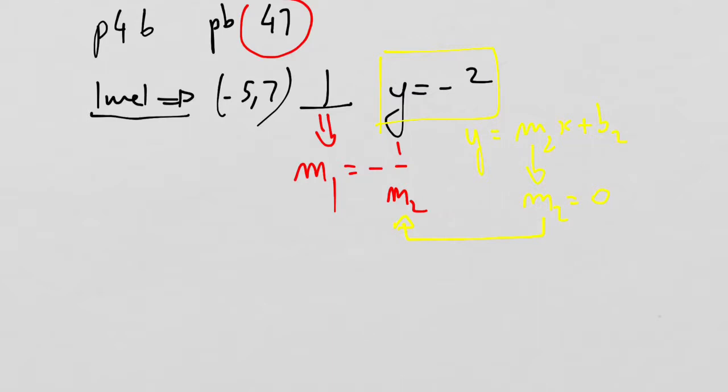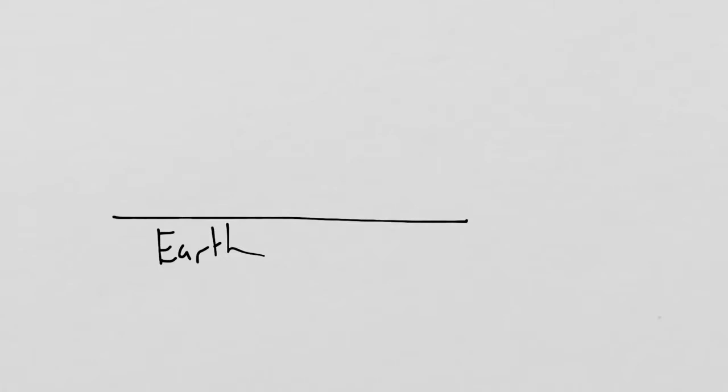Let's think about what the slope of a line represents. Let me go on another page. If we're going to define a slope, say that is the earth, and I can have one slope, or I can have another one, and then another one, and I could have even another one.